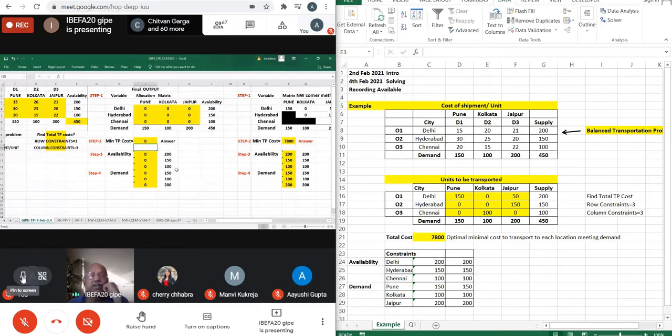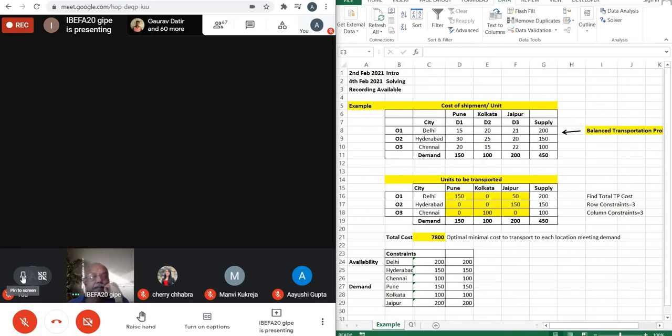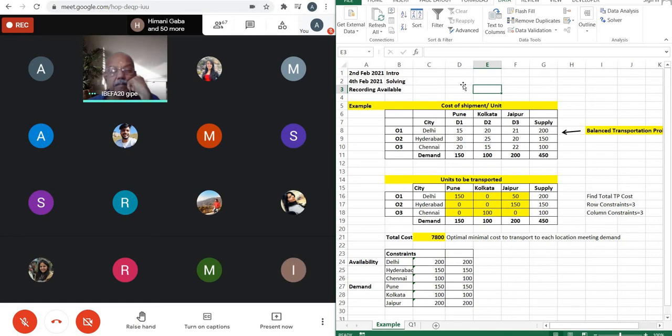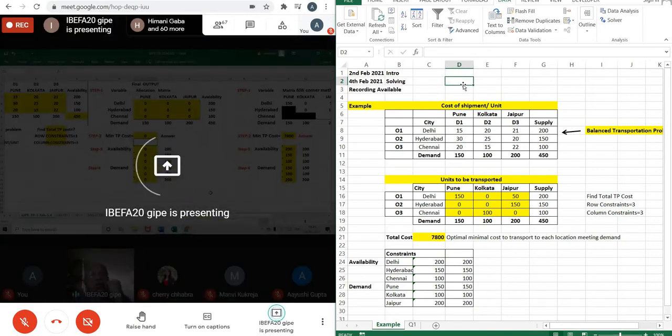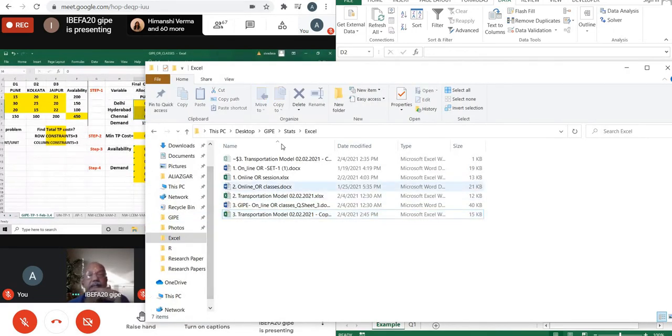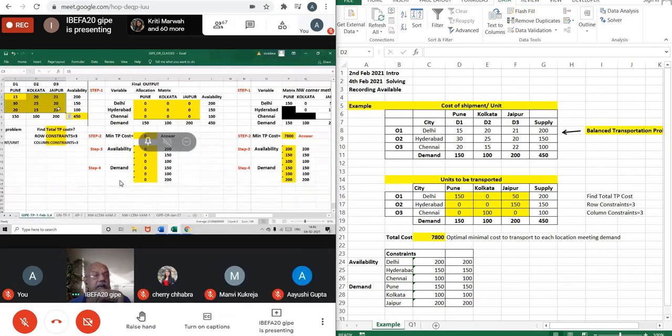So initially I have here the allocation matrix, multiplied by the cost matrix.